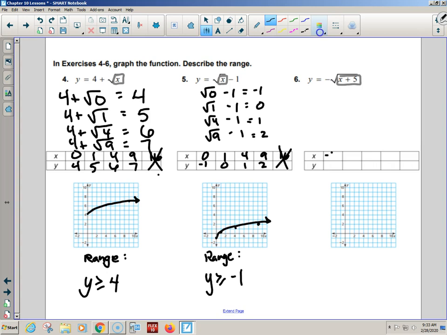So check it. Why am I going to start my table at -5? Plug it in, plug it in. What happens when you do -5 plus 5? 0. I get my 0, and -0 is just 0. Oh, okay. I get my nice 0 square root. So how am I going to get my nice 1 square root?